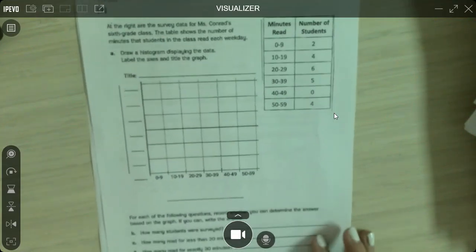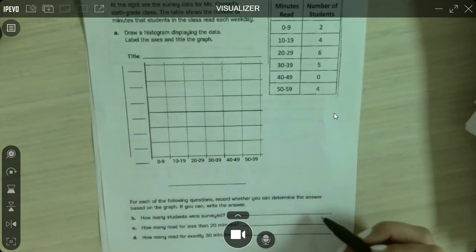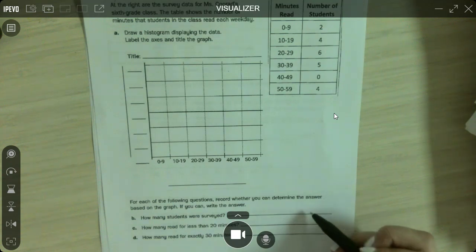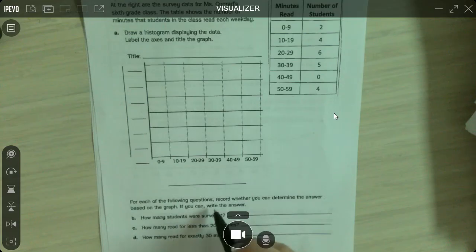Okay. After you have drawn your histogram, you are going to come down here and you're going to answer the questions. So it says for each of the following questions, record whether you can determine the answer based on the graph. If you can answer it, you're going to go ahead and write the answer. If you can't answer it, you can just write you can't answer it or no. Okay.